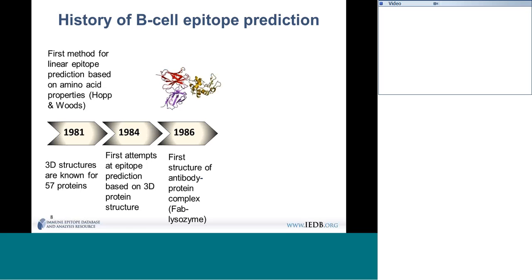Then, in 2 years, the first structure of an antibody-protein complex, in that case with lysozyme, was solved. Only in 2000, the first database collecting epitopes appeared, which is called SIM.